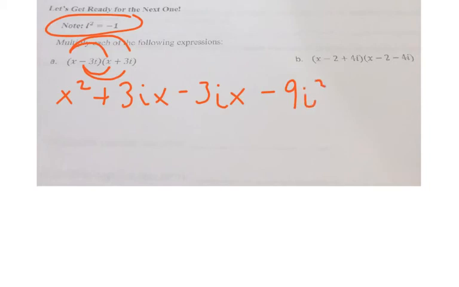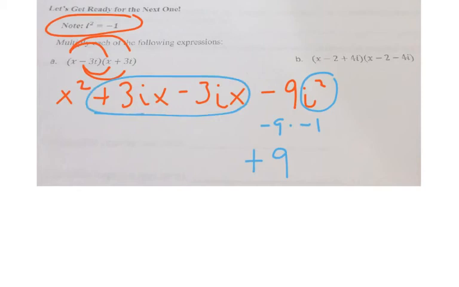But i squared is the same thing as -1, so this is going to be the same as -9 times -1, which gives me a plus 9. Okay, these two here, plus 3ix minus 3ix, those cancel out to 0, so all I'm left with for this one is x squared plus 9.